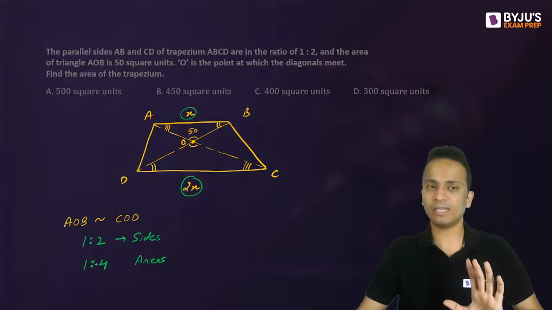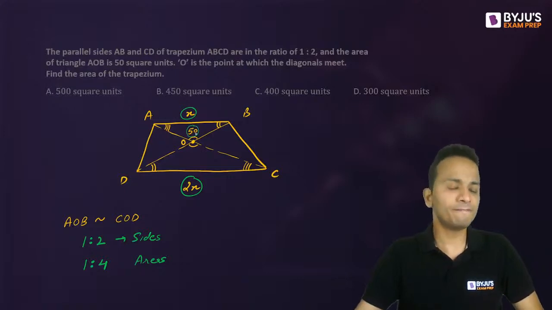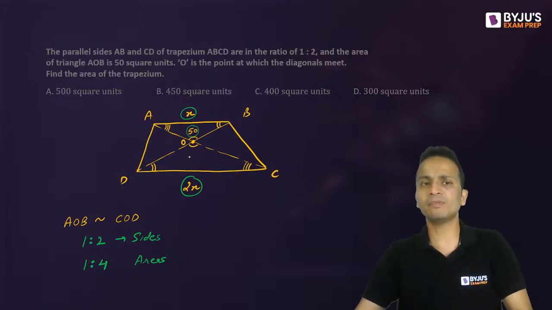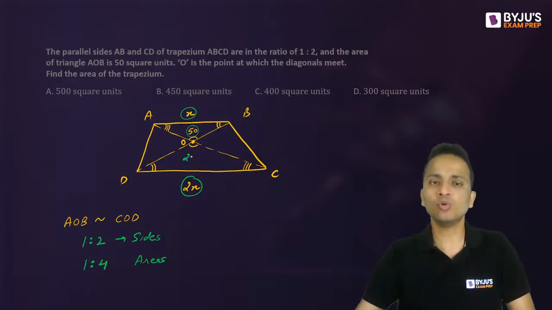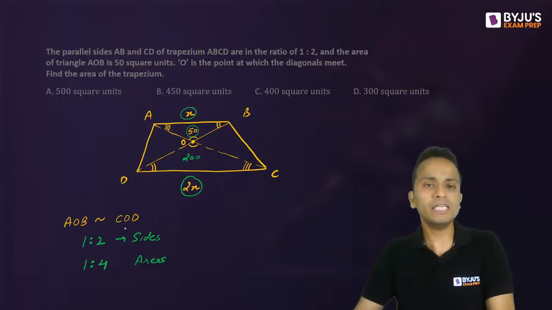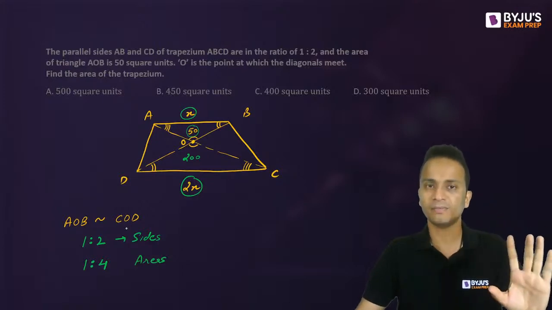Okay, number one. So the ratio of areas is known. The area of the smaller triangle is 50, so the area of the bigger triangle will be 4 times 50, that is 200. So the area of triangle COD is equal to 200. This is point number one.